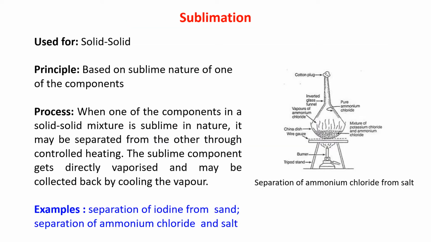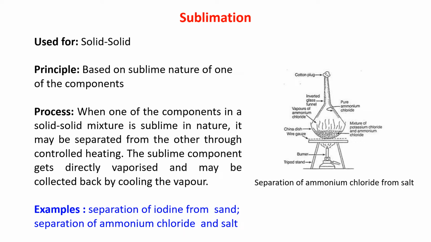Now, this is the method of sublimation. Sublimation is also a method to separate a solid-solid mixture. What is the principle? The principle is that one of the components should be a sublime substance.